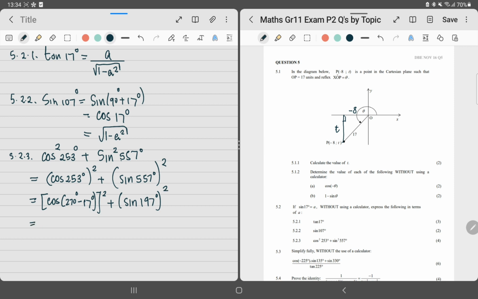270 minus is in the third quadrant. In the third quadrant, cos is negative. Because we have used 270, the cos is going to change to a sine. And then this is sine of 180 plus 17 degrees.